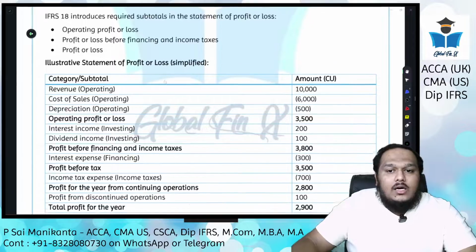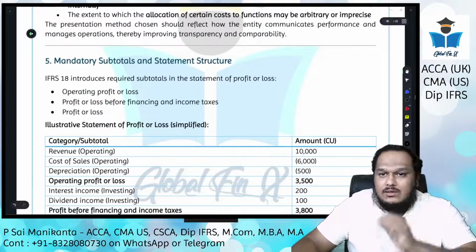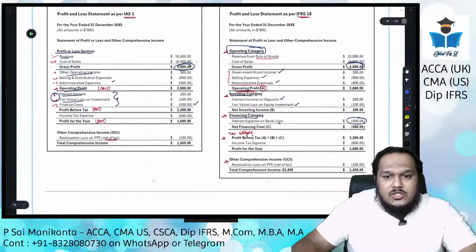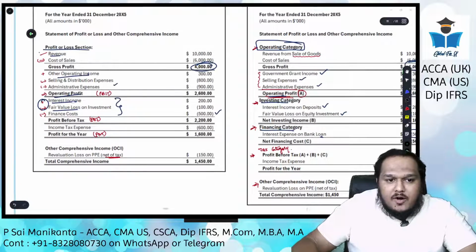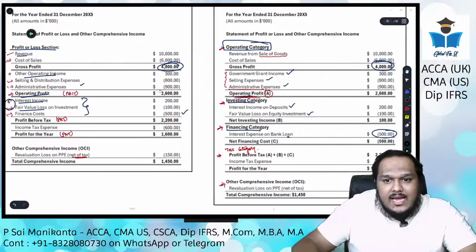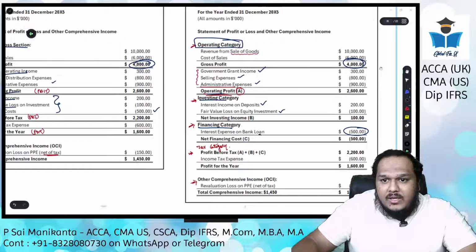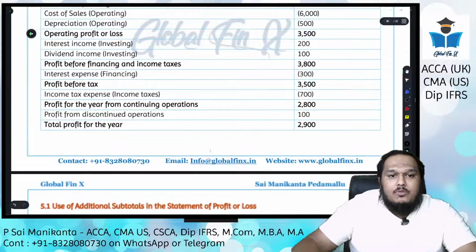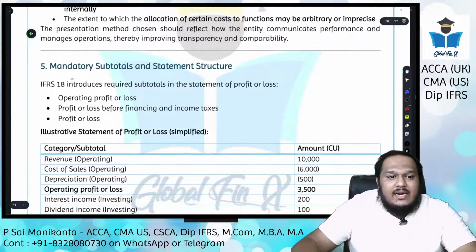Just before I wind up, this is something that I already covered, but I'm touching base on that again just to be sure. So here gross profit, operating profit, profit before taxes, profit for the year, same side headings, same subtotals will be here also. Gross profit, operating profit, then you have profit for the year, total comprehensive income. So these subtotals are mandatory. What are mandatory?